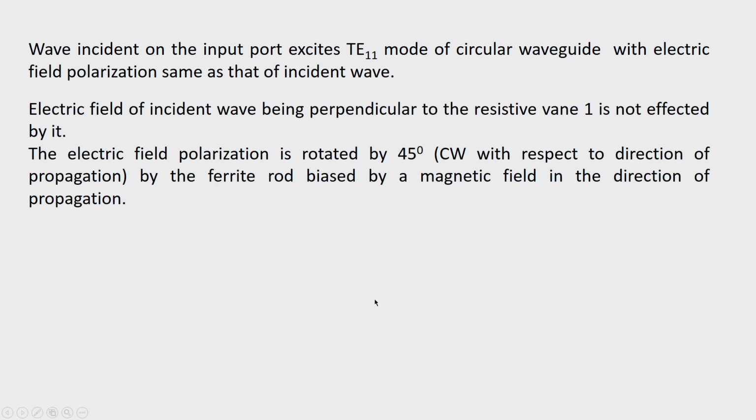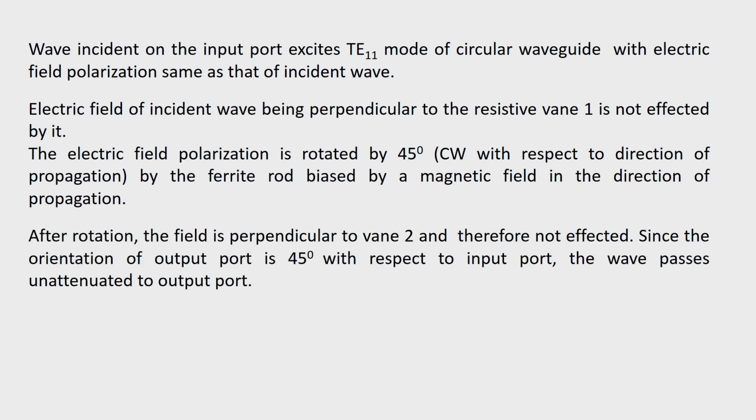The electric field polarization is rotated by 45° clockwise with respect to the direction of propagation by the ferrite rod biased by a magnetic field in the same direction of propagation. After rotation, the field is perpendicular to vane 2 and therefore not affected. Since the orientation of the output port is 45° with respect to the input port, the wave passes unattenuated to the output port.